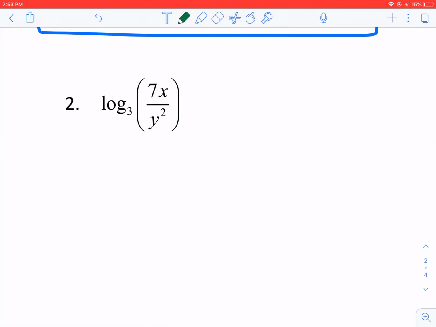All right, number 2. Again, we're expanding. I notice a division in my argument, so I'm going to change that to subtraction of 2 logs. So I can make this log base 3 of 7x minus log base 3 of y squared. And now the 7x, that's the product, so I can write that as an addition.